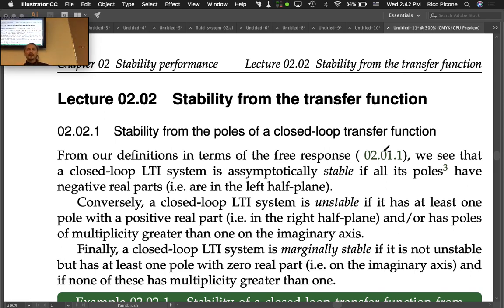Finally, a closed loop LTI system is marginally stable if it is not unstable, but has at least one pole with 0 real part on the imaginary axis, and if none of these has multiplicity greater than 1. That multiplicity greater than 1 on the imaginary axis is the edge case to keep an eye on, but it is very rare. Usually you have to have a positive real part for a pole to get an unstable system. That's mostly the situation.